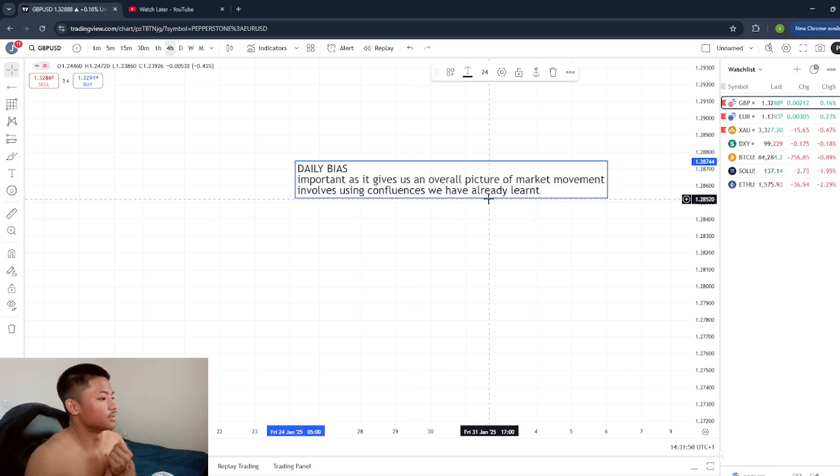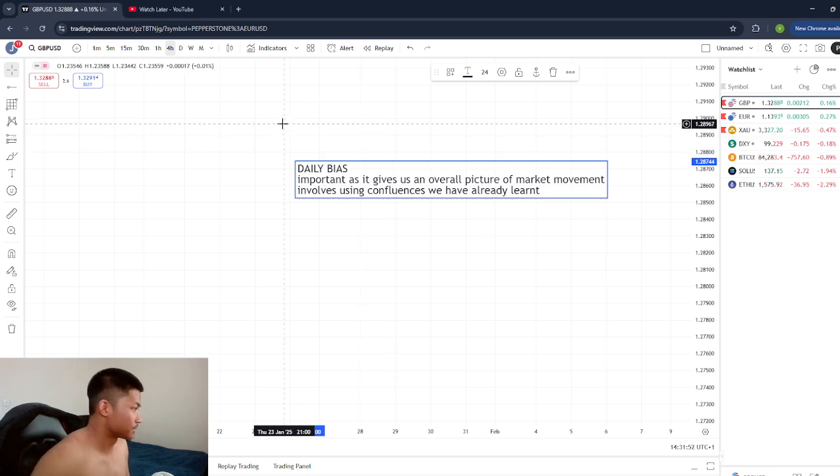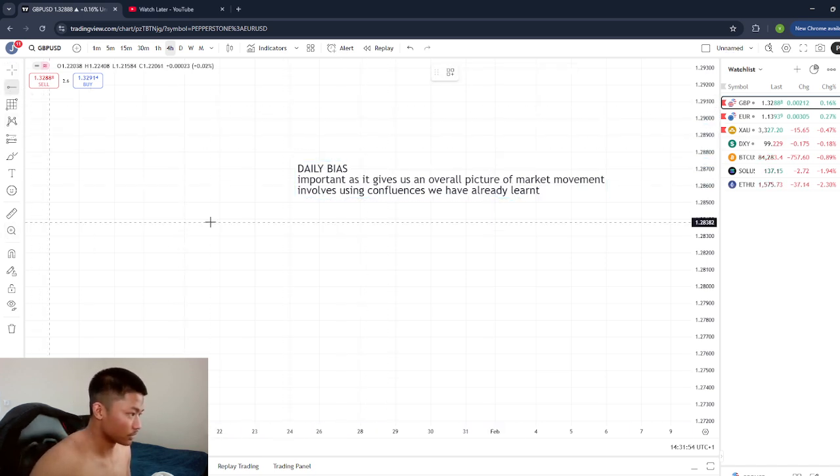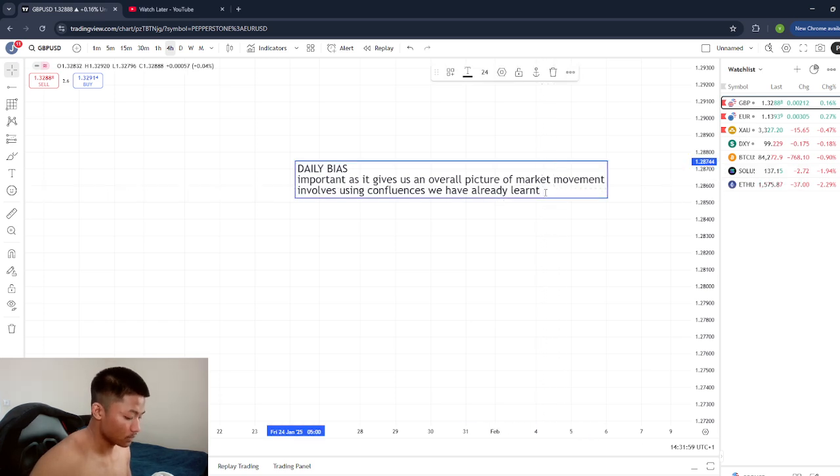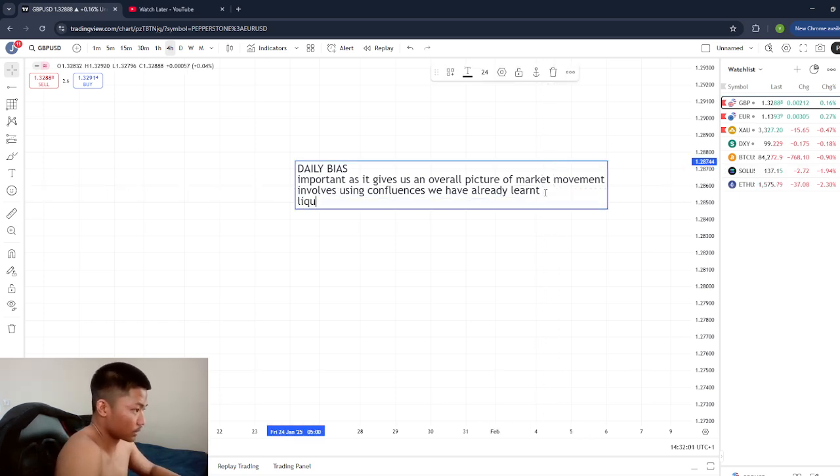Okay. So, with this daily bias, my favorite ways of finding daily bias is liquidity sweeps, whether that be 4-hour highs, lows, or session opens.